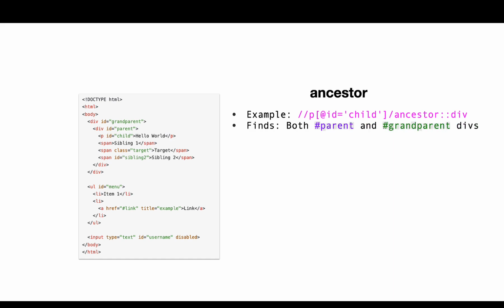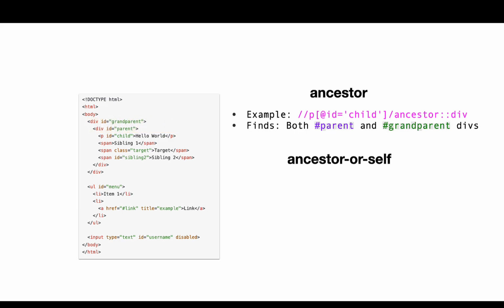Earlier, parent was selecting only the immediate parent, but this will select parent and grandparent. If there is another grandparent also, it will select that as well. So in this example, it will select this div, because we are just putting colon colon div, ancestor colon colon div. If there is one more div also, it will select all the divs, not other elements. I hope this is clear.